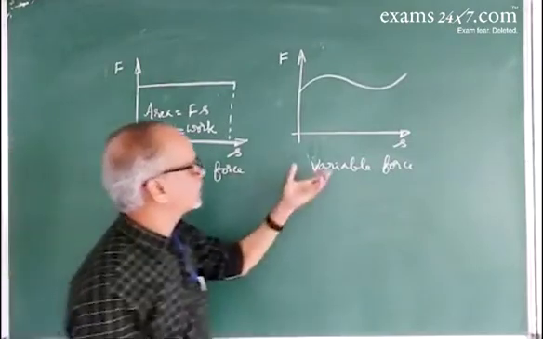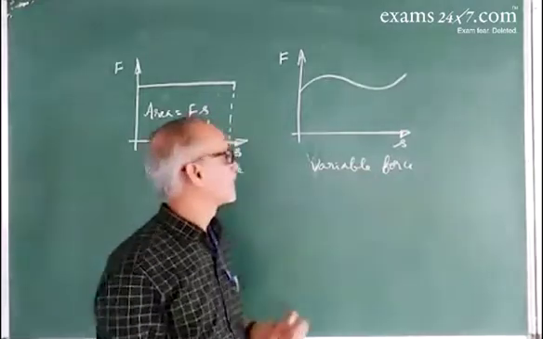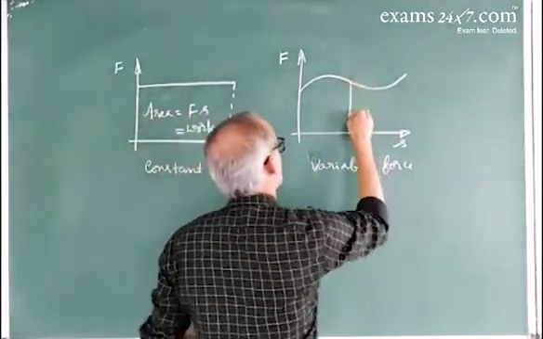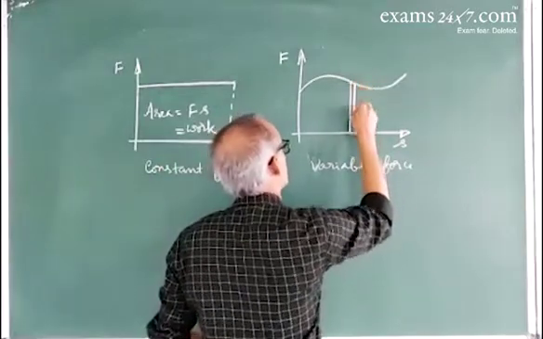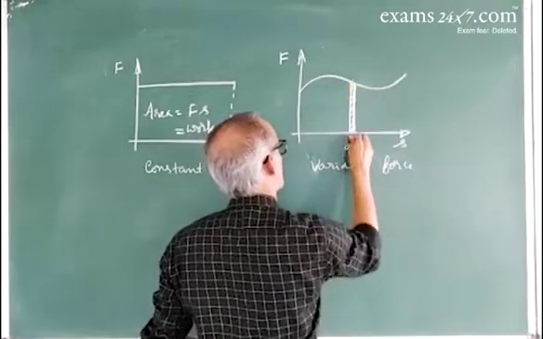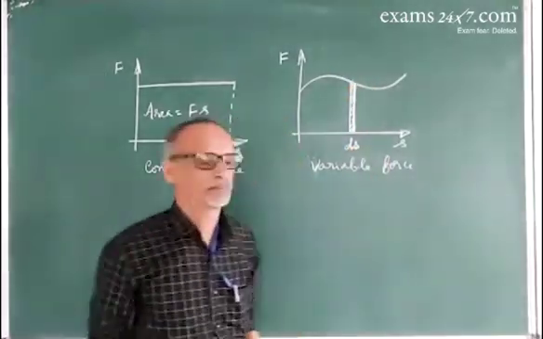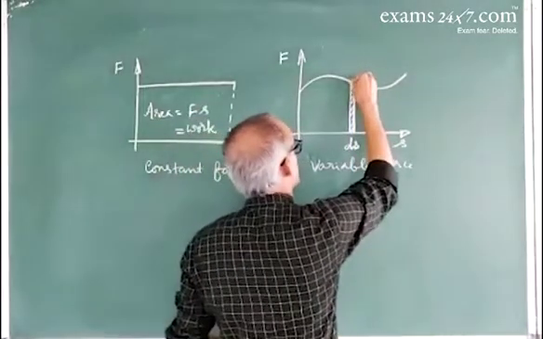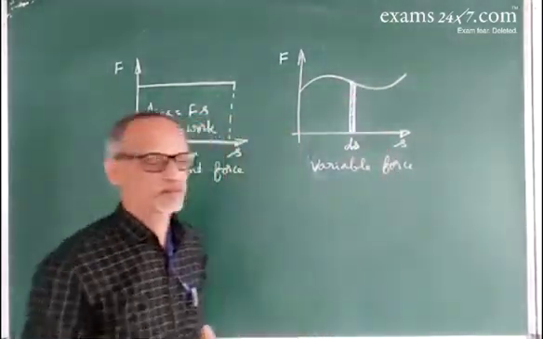Now how to find the work done if the force is variable? In such a case, we have to consider a very small displacement ds, within which we have to assume that the force is constant.